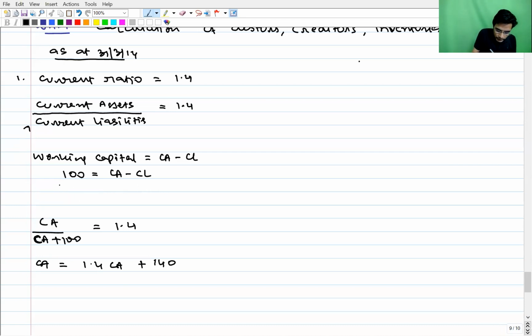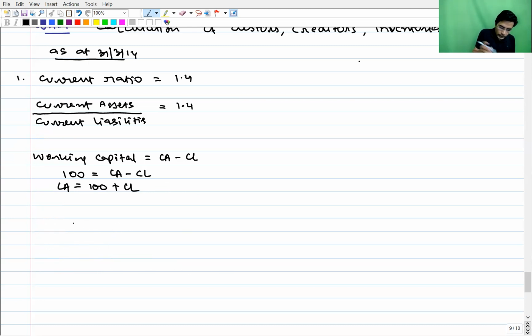Actually, current assets is equal to 100 plus current liability. So we will put the value of current assets in this formula. 100 plus current liability divided by current liability is equal to 1.4.